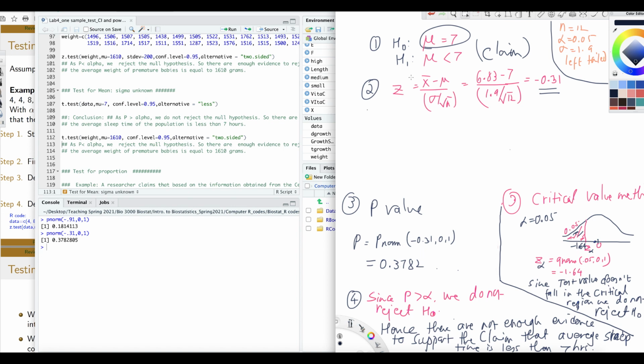Okay, we do not reject the null hypothesis, so still the average sleep is equal to 7 or greater than 7 hours. That's what we can say from this problem.